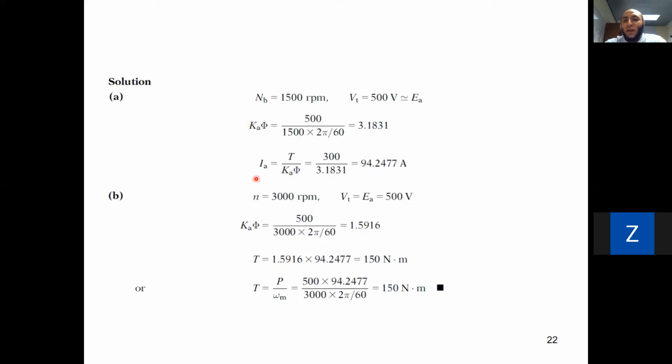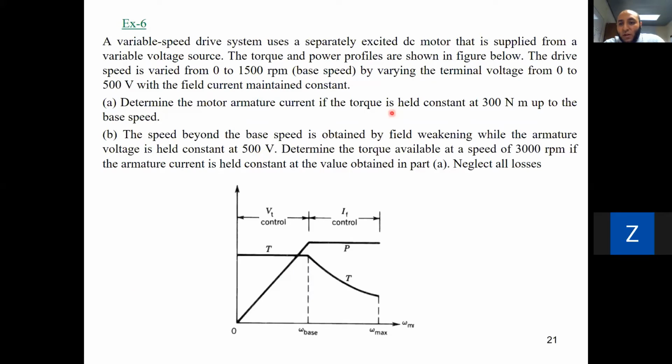So we can simply calculate the armature current now, shabab, by dividing torque by the K phi and get the value of armature current for the first case. Yes, this is required for the first case.